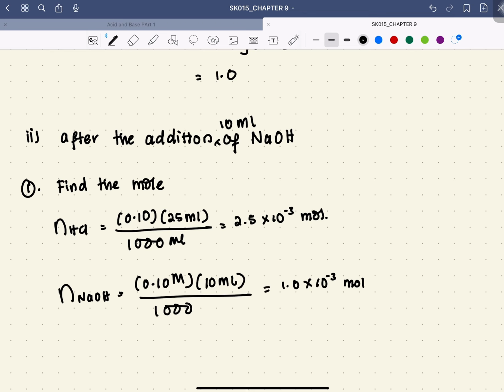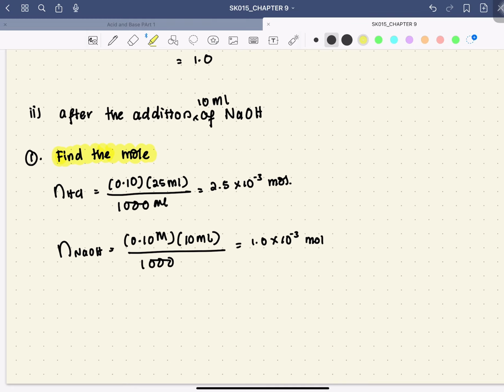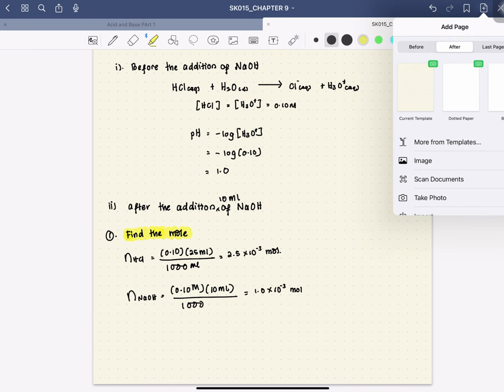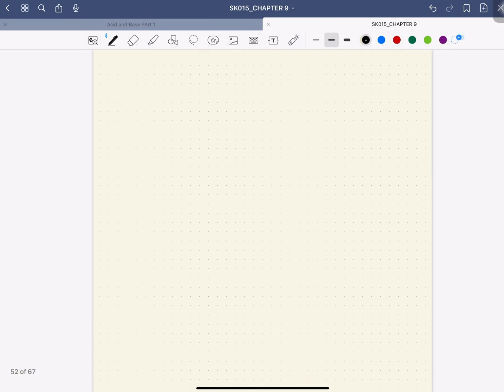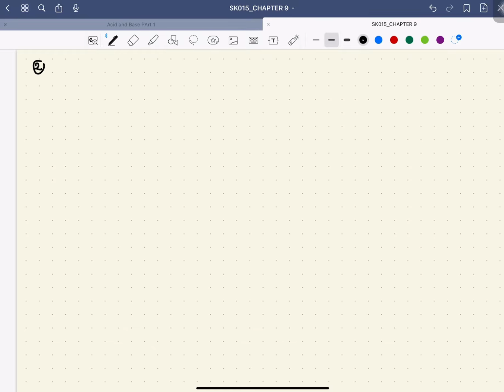So the first step is always to find the mole. Now at number 2, react the acid and base. This is where the neutralization happens.